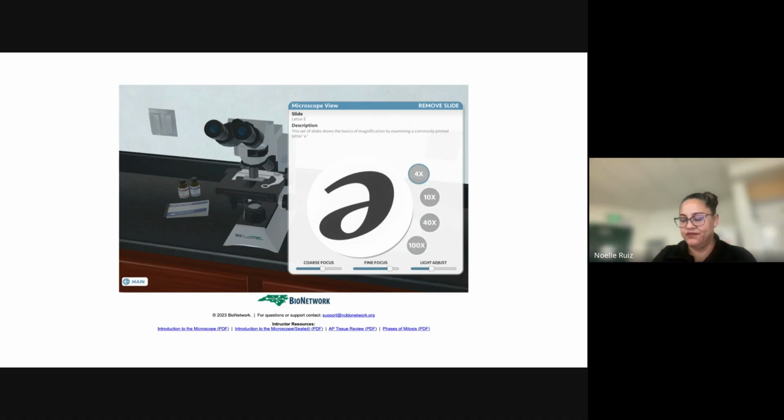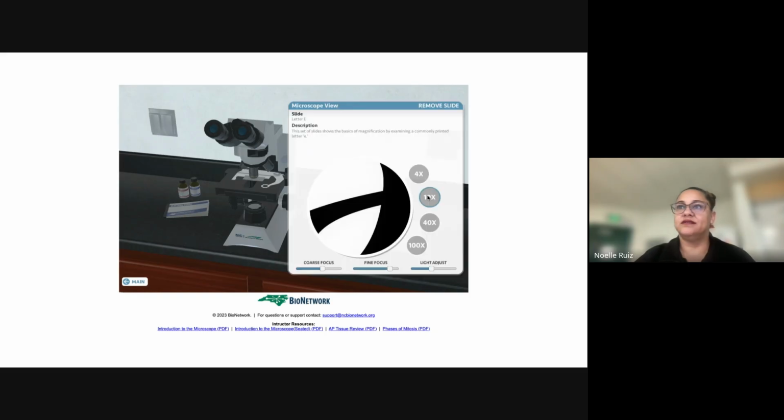And you're going to label it 4x. So that upside down E is 4 times the size as it would be if you're just looking at it with the naked eye. All right. Then you're going to go to 10x. It's going to load again. It gets a little bit bigger.